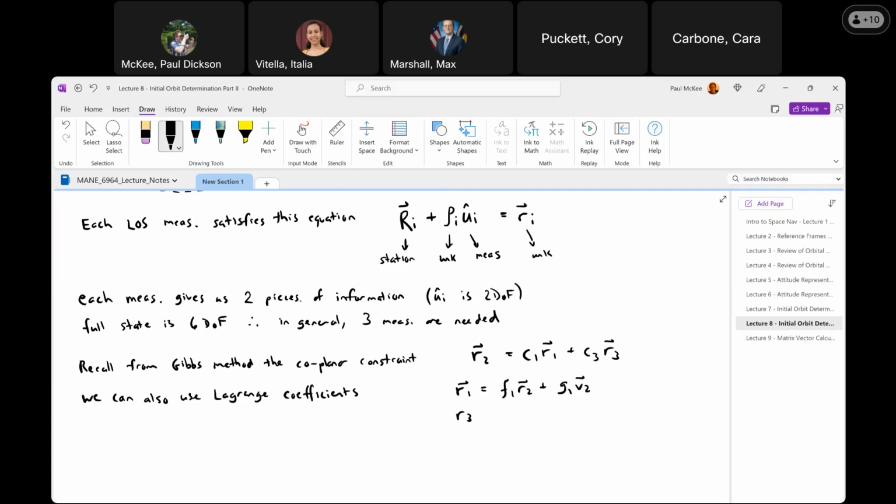And then similarly, R3 is some F3 R2 plus G3 V2. Okay. And now if you're keeping track and following along at home, we now have, and you can pause and count these if you want to be sure, 18 scalar equations and 18 unknowns.